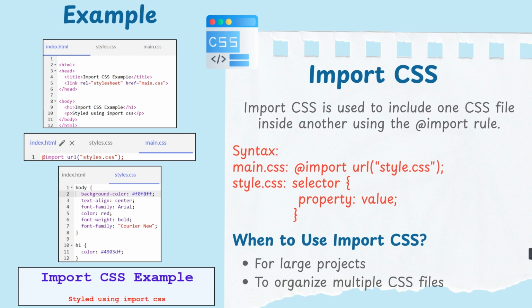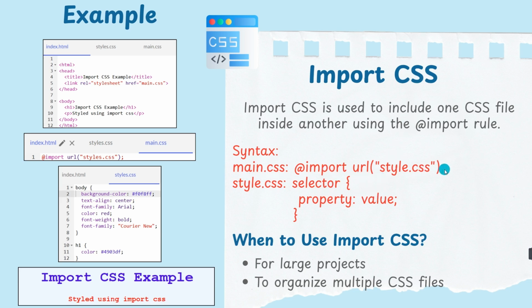This helps organize styles across multiple files, especially in large projects. However, beginners should know that in most cases, external CSS with normal linking is more common, and import is mainly used for better file organization.